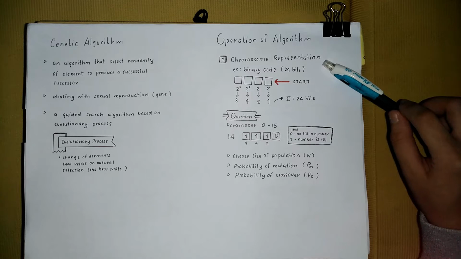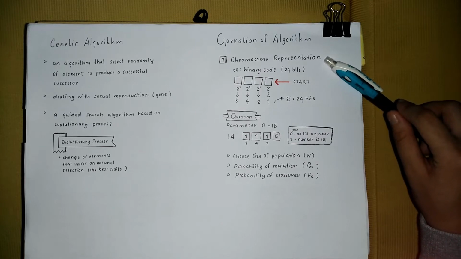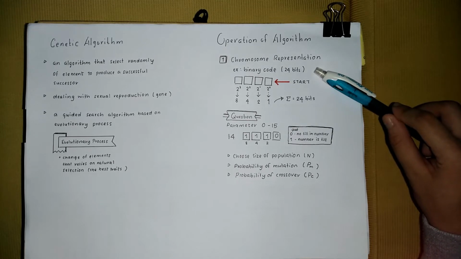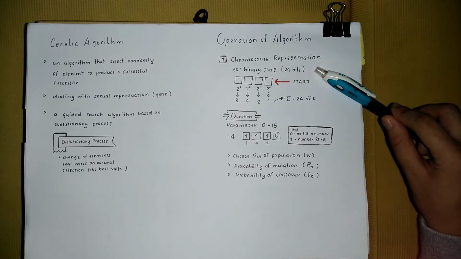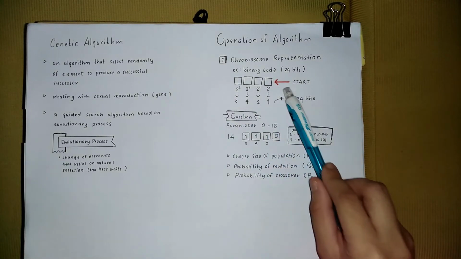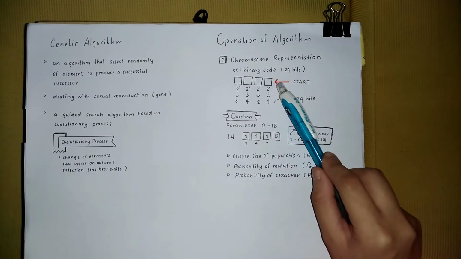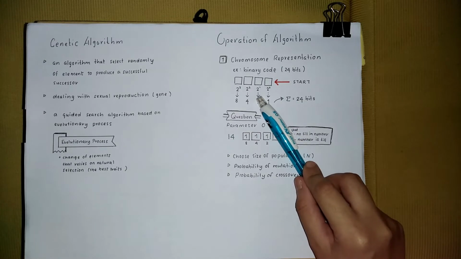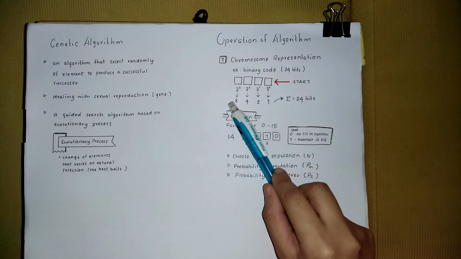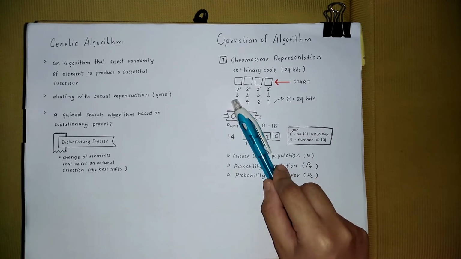The first operation is the chromosome representation, meaning we are giving the names of the chromosome by using a binary code which has 24 bits. In this example, there are 4 empty boxes which we have to read from the right side to the left. The first box is 2 to the power of 0, second 2 to the power of 1, 2 to the power of 2 for the third box, and lastly the fourth box is 2 to the power of 3.